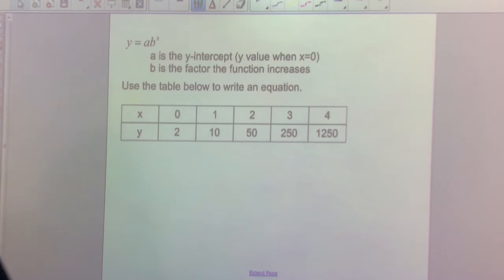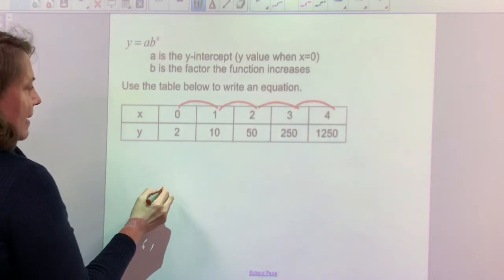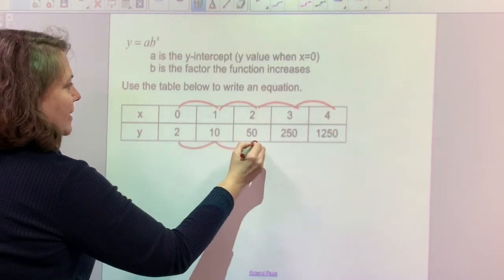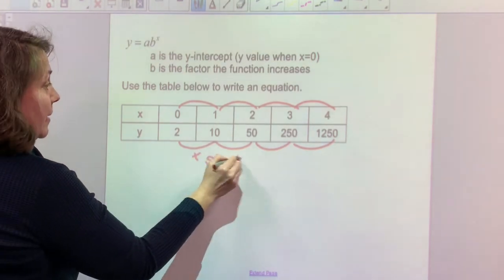That is your generic form of your equation in exponential function. y equals a, b to the x power. a is the y-intercept. b is the factor the function increases by. Use the table below to write an equation. So your x is increasing the same amount each time. Your y is increasing what? Times 5.